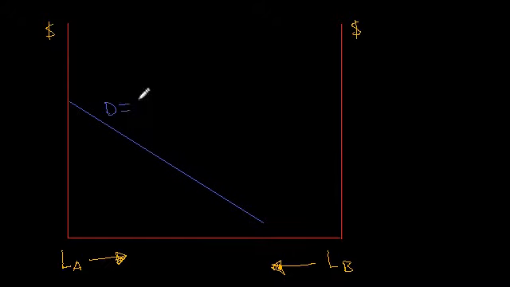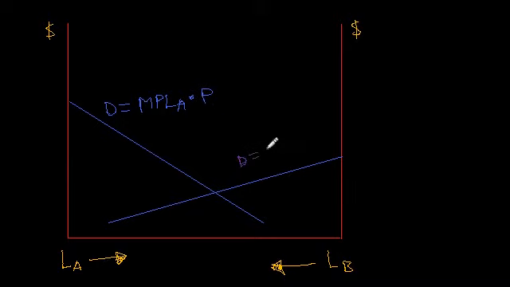Demand equals the marginal productivity of labor in region A times the price of the good being sold in region A. And then over here we have the demand curve for, I'll write that in a different color just to differentiate it, demand curve for region B, and that we have the marginal product of labor in region B times the price of the goods sold in region B, and that also equals the wage, by the way.